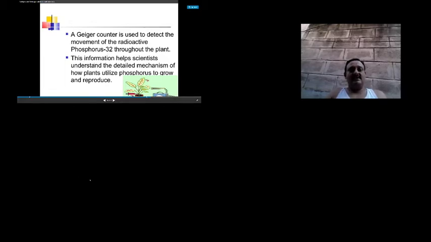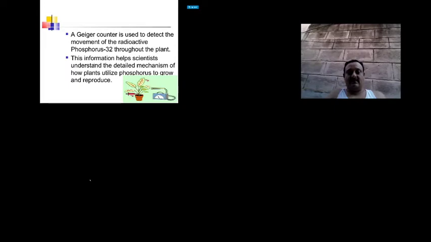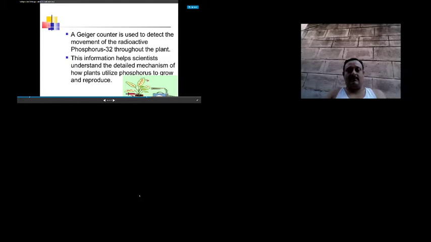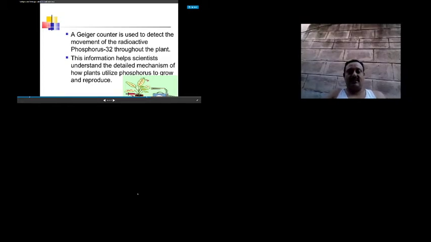This information helps scientists understand the detailed mechanism of how the plant utilizes phosphorus to grow and produce. Then we can find out the metabolism of the plant, and how the phosphorus-32 is utilized for growth.